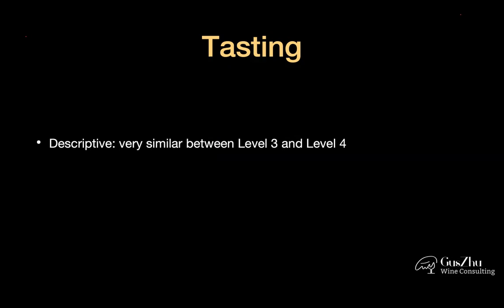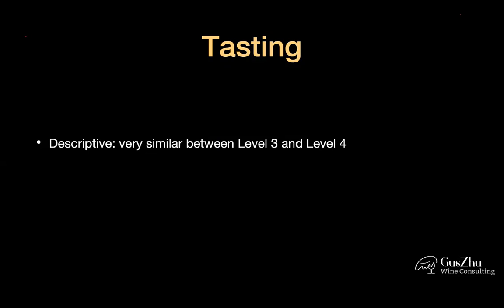If you look at the SAT tasting system, it's actually very similar between Level 3 and Level 4 for the descriptive part. The only difference nowadays between Level 3 and Level 4 in the descriptive part would be the tannin part. For red wines, for the diploma, you not only need to comment on the tannin level, but also on the tannin nature.